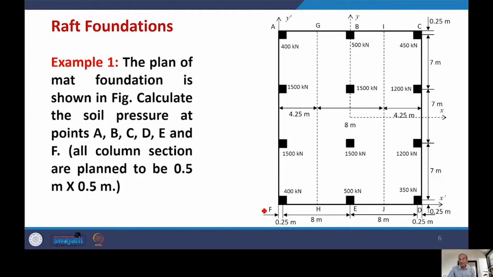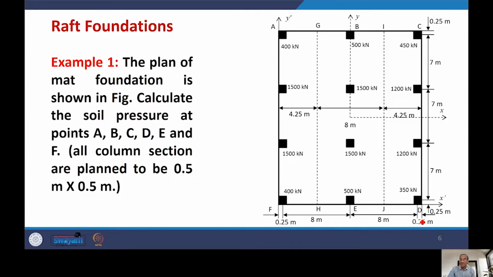Now, as far as the location is concerned, the center to center spacing between the columns is 8 meters in X direction and 7 meters in Y direction. In Y direction, because 4 rows are there, you have 7 meters, 7 meters, 7 meters. So altogether, 21 meters is the total length in Y direction, plus 0.25 and 0.25, so it will be 21.5 meters.